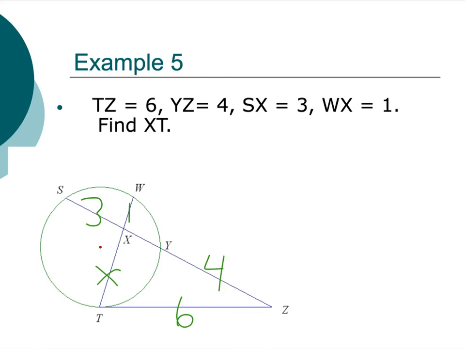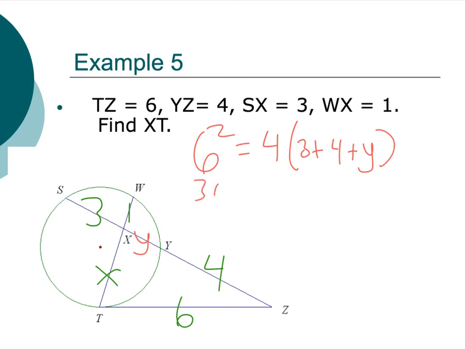Well, I could figure out XY with my given information and then use that to find XT, right? So let's call this guy y. Alrighty. Well, how would I do that? Well, that's my tangent secant. Right? So I'd have 6 squared is equal to outside, which is 4, times the whole thing: 3 plus 4 plus y, or 7 plus y.